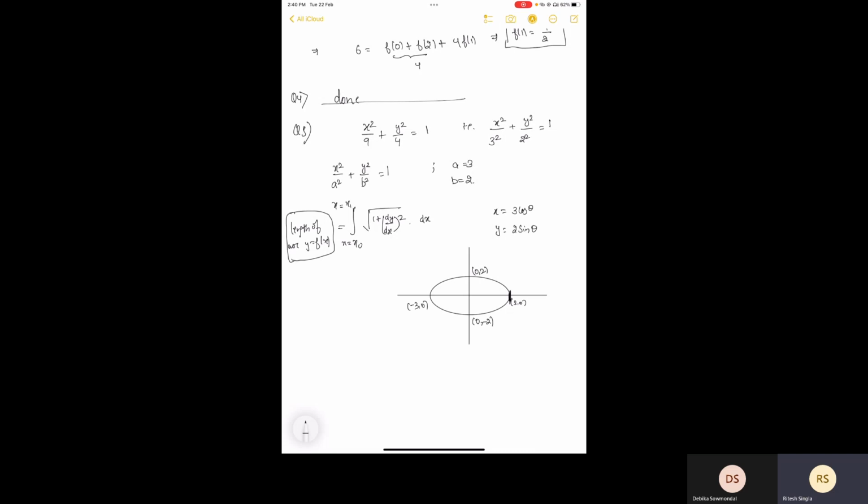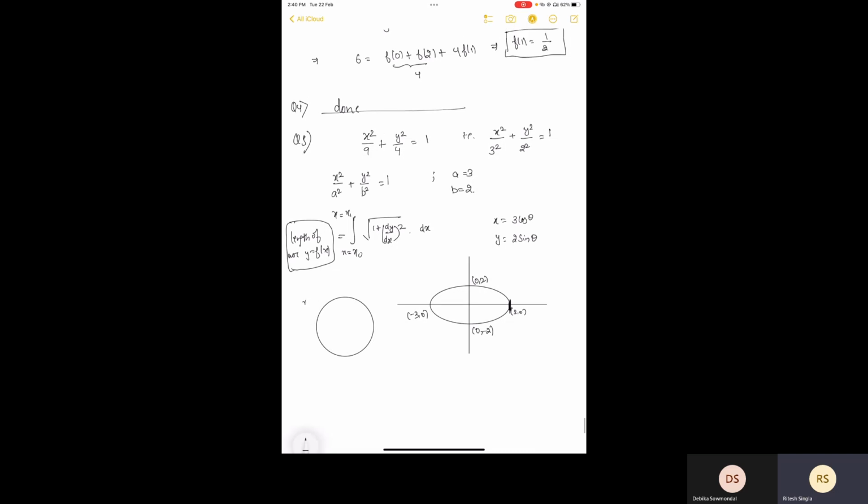What we usually do when we are in a circle, a circle being a special form of ellipse where x-intercept and y-intercept are the same, is the substitution x is equal to r cos theta, y is equal to r sin theta, where r is the radius.